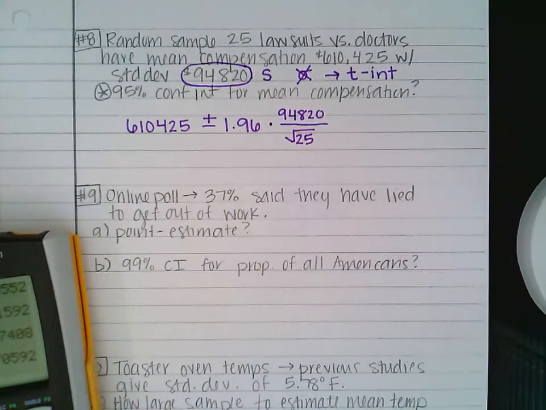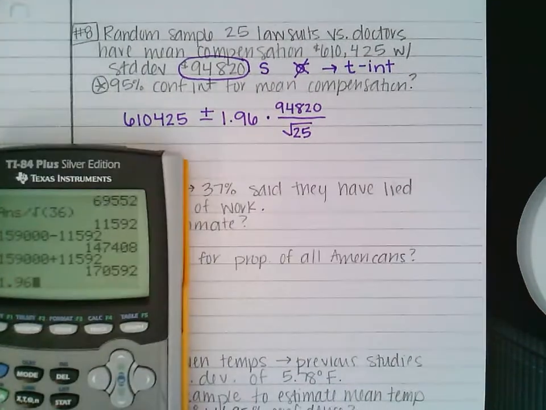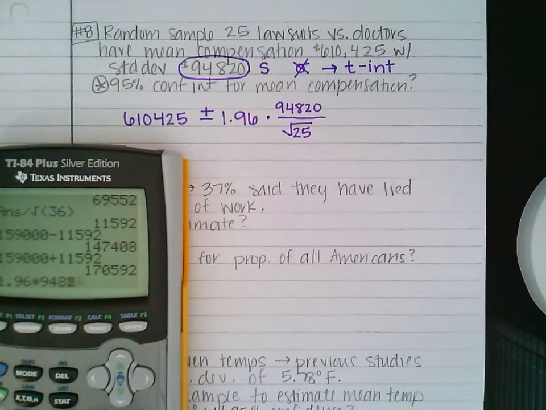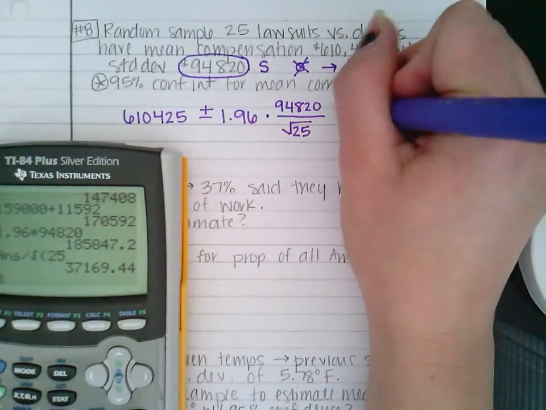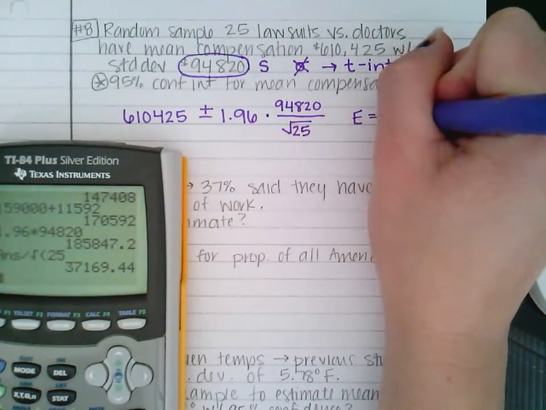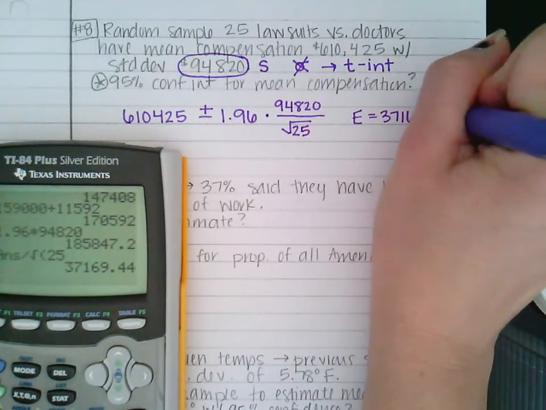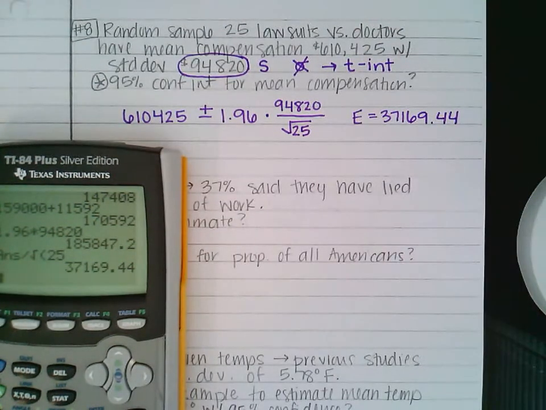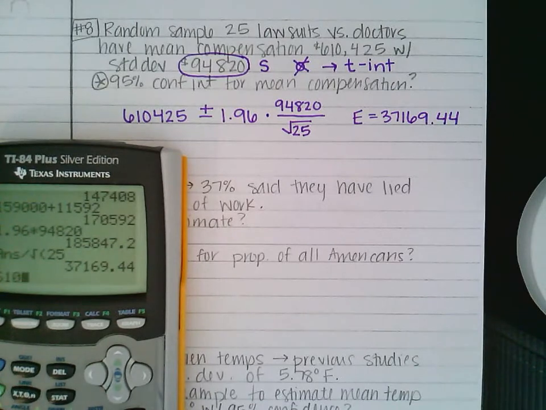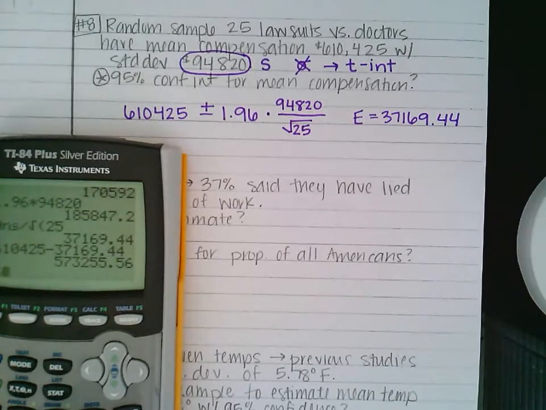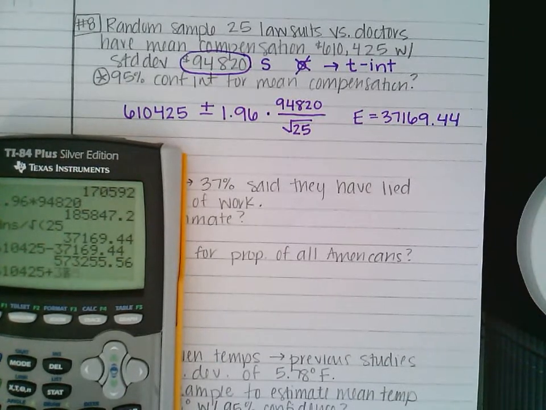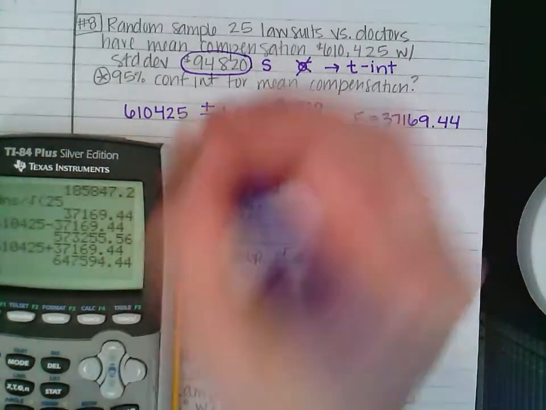Okay, and then we would go through and find this here. Okay, so my error is 37,000, and now I just add and subtract that here.